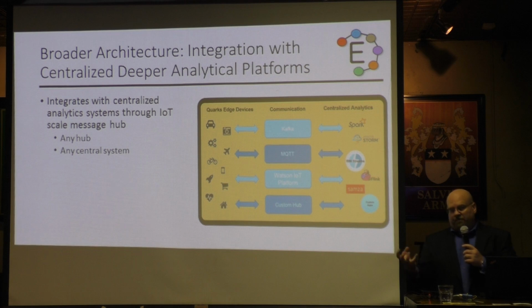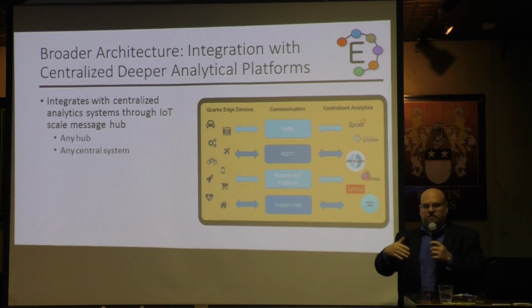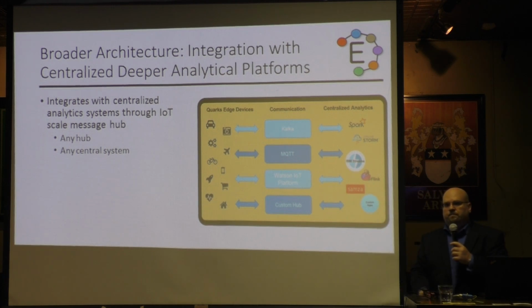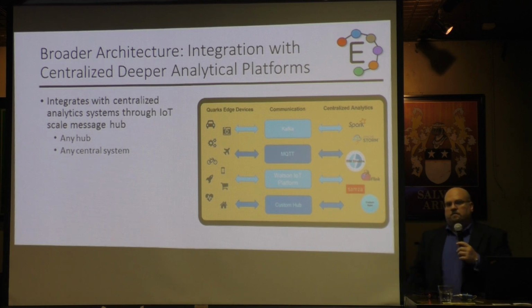You have a centralized Edgent device for that particular line, taking in all the OPC data locally for that line, doing some level of analytics, and then aggregating and putting events of interest, deltas or whatever, up to the deeper analytics system. That way it doesn't leave the premises and it goes to their own data center.